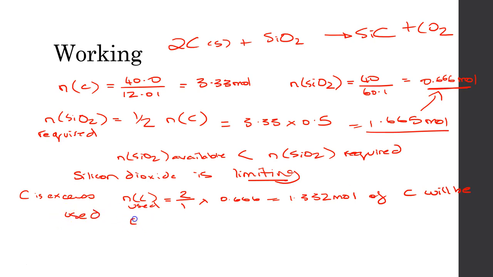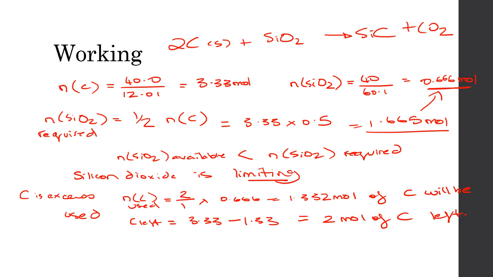So carbon left over is going to equal 3.33, because that's what I started with, minus the 1.33 that's going to be used. So I'm going to get 2 mole of carbon left.